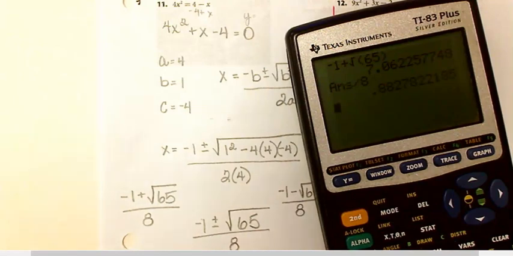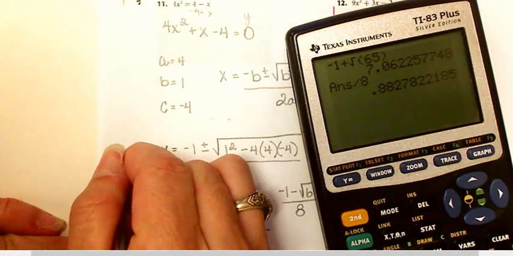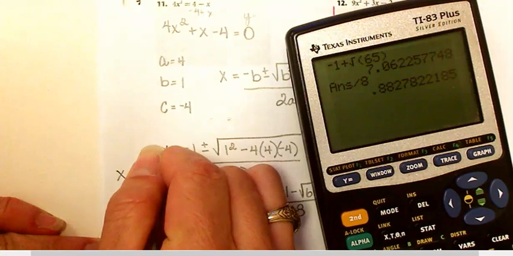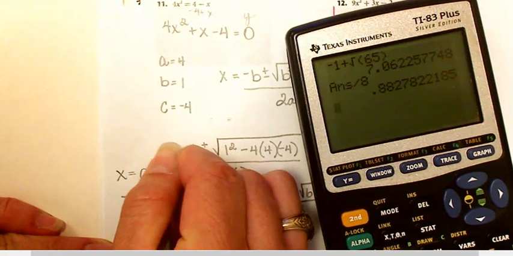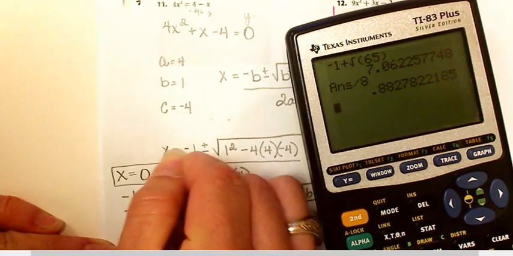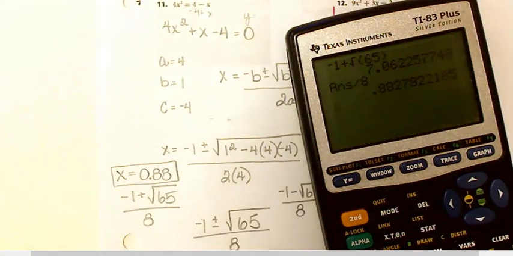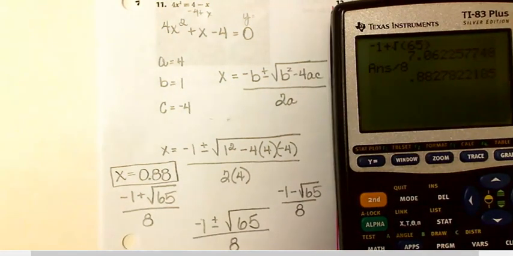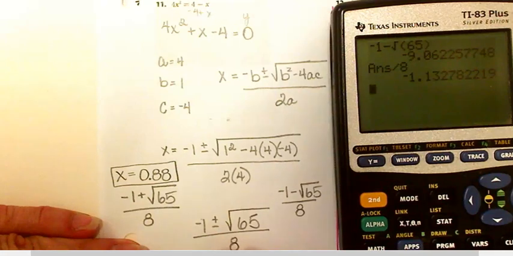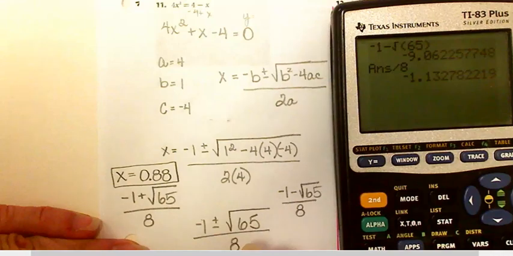And let's just round it to 2 decimal places. So the first one is 0.88. And then the other one is going to be negative 1 minus the square root of 65 divided by 8. So the other one is negative 1.13.